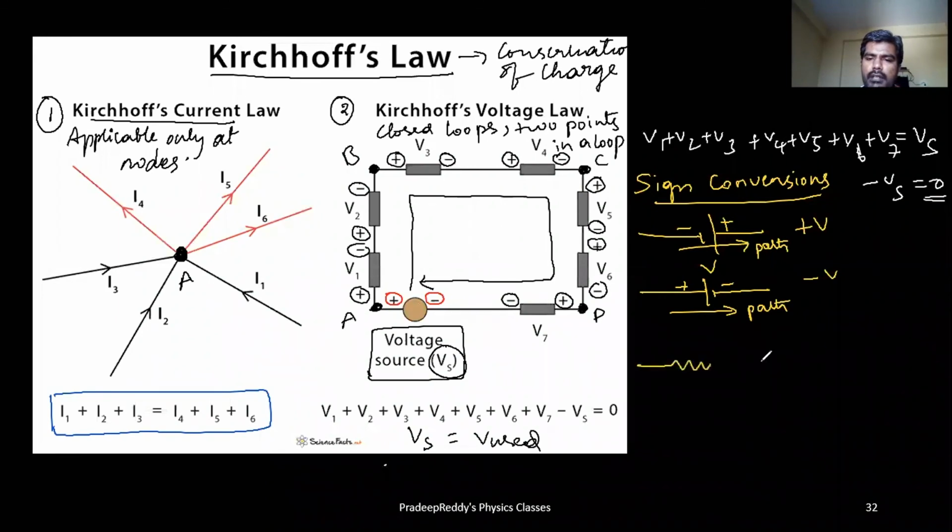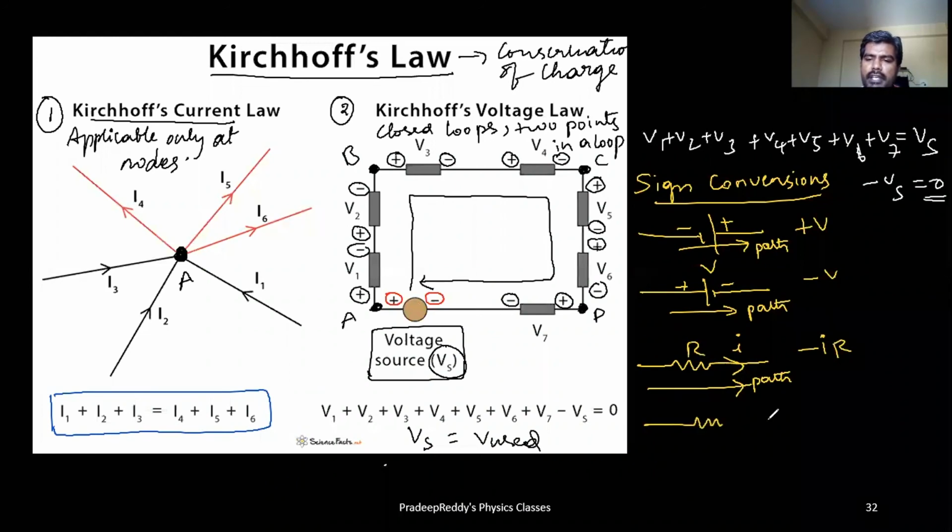Similarly, if you are going across a resistor in which current I flows and your path is also in the same direction, then in such case you should take it as minus IR. That means voltage is dropped across this resistor R. So if your path and current both are in the same direction, then you need to take minus IR.